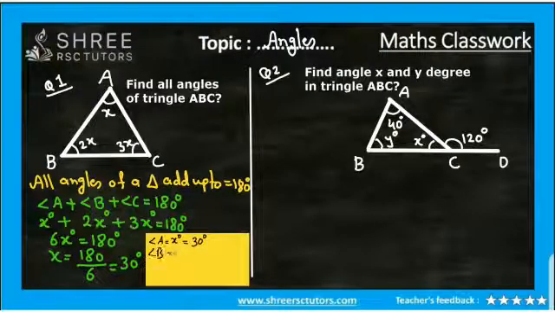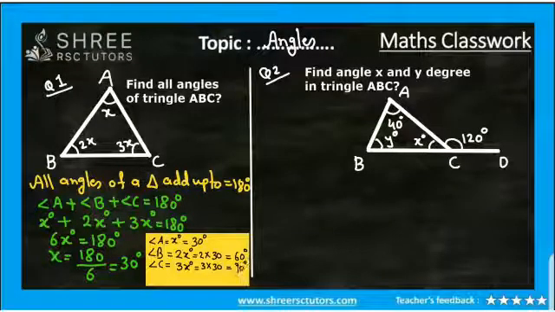Angle B is given 2x degree, that means 2 multiplied by 30, which is 60 degree. And angle C is given 3x degree, that means 3 multiplied by 30, that means 90 degree. And that is how we found out all the angles of this triangle: 30, 60 and 90 degree.